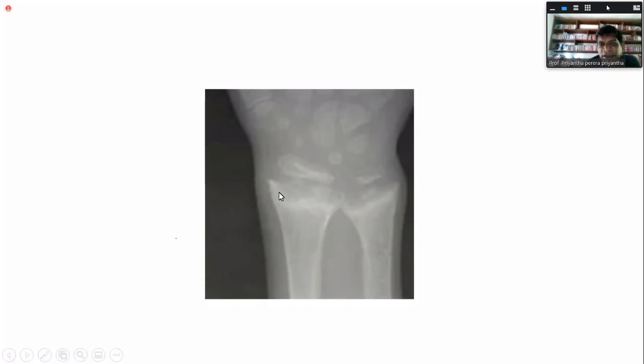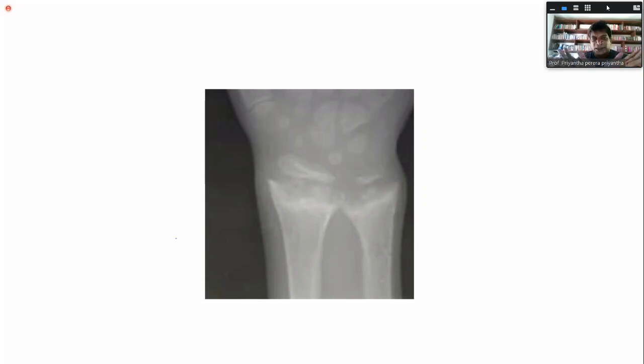And then splaying means the edges of the bone are pointing outwards like that. Splaying means spreading. Flaring means it's just going outwards like that.